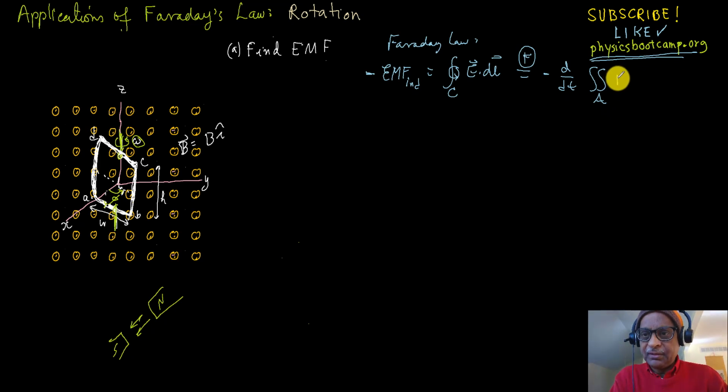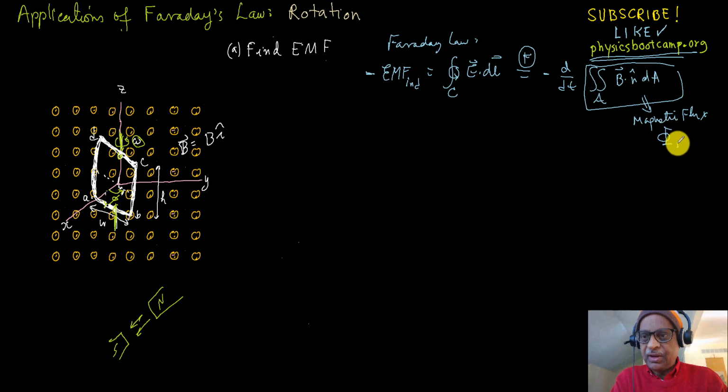This is also called the magnetic flux, and we can say phi B. By this definition, it's the rate at which the magnetic flux is changing. If it's not changing, the flux itself is not enough.